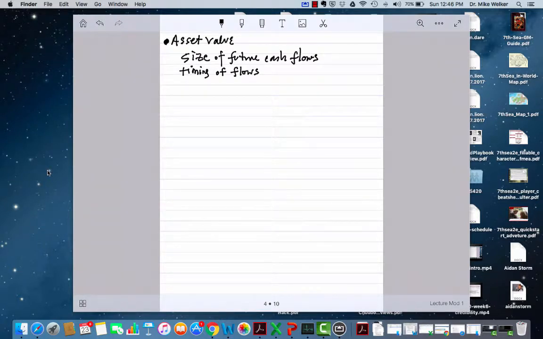Whether it's coming soon or whether we have to wait 5 years is really crucial. And the riskiness of the flows of cash. So now we know the value is a function of the size of flows, the timing of the flows, and the risk associated with those cash flows.